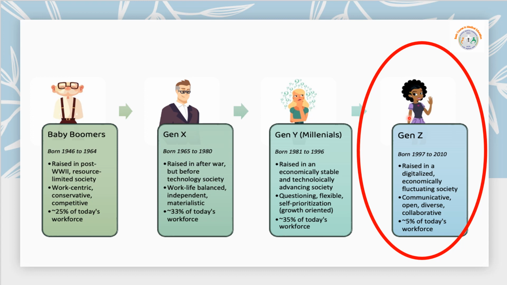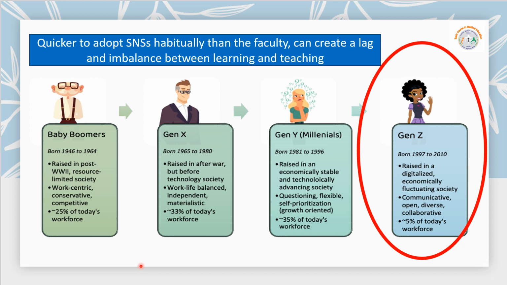They are communicative, open, diverse, collaborative, and very tech savvy. So my subscribers, I think they're much more tech savvy than myself. They can quickly adopt the social networking sites, they're habituated to it, and that creates a lag, an imbalance between my students and me. I am not that tech savvy.